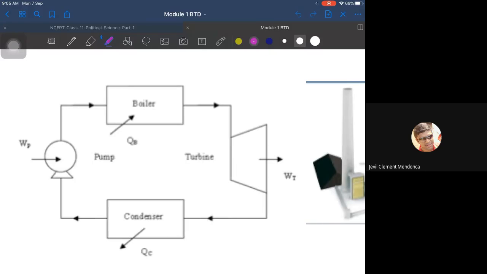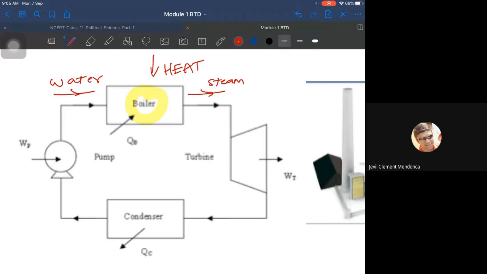There would be a pump, boiler, condenser, and a turbine. In the boiler, you will be supplying heat into the system. Through that heat, the water getting in will be converted into steam at the outlet, which has a tremendous amount of pressure. That steam is made to impinge on the turbine, by which the turbine rotates, generating the shaft power output.